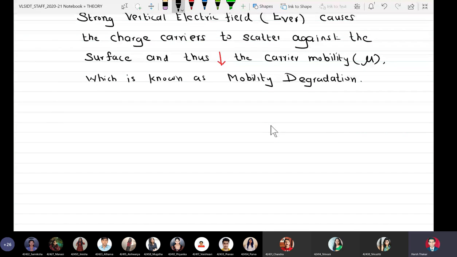If you remember, we had defined EVER as VGS upon Tox.